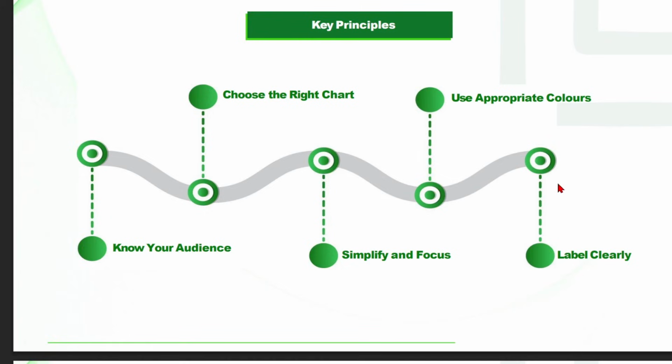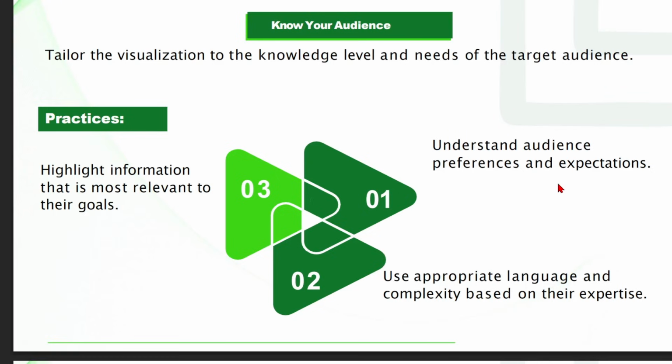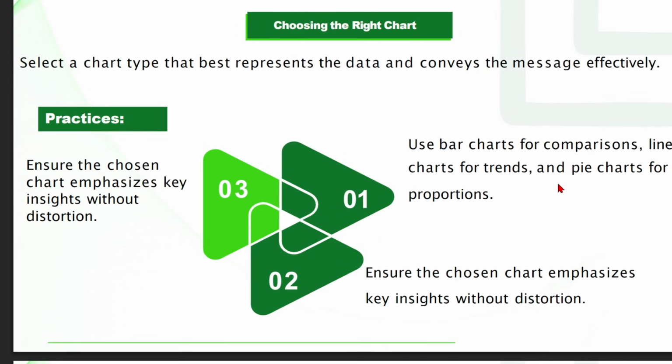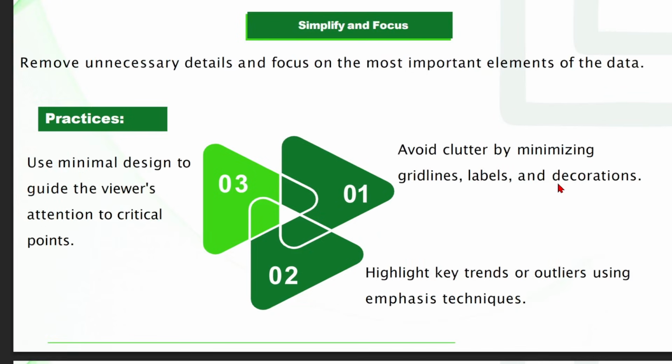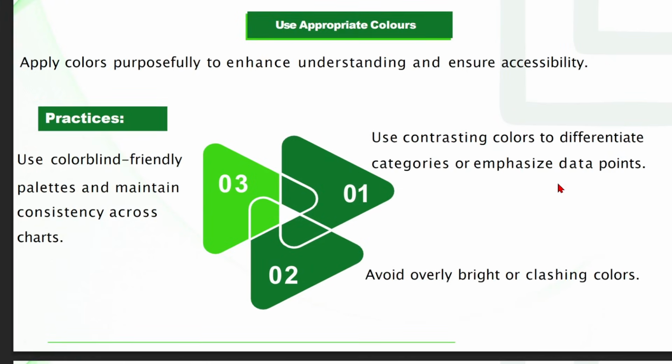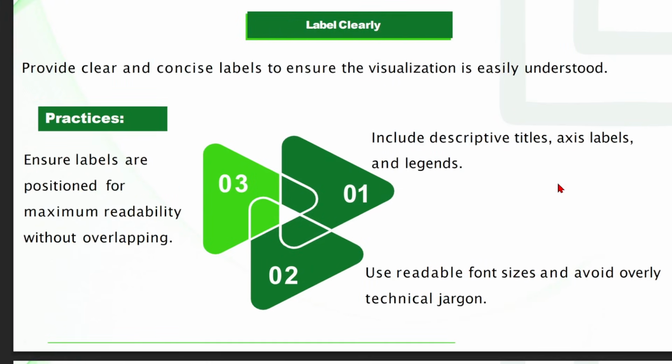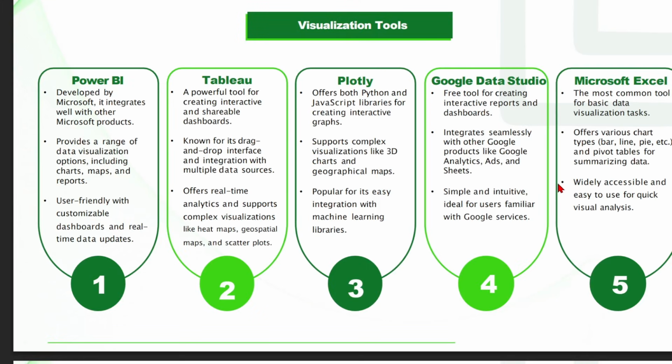Put every detail that will enable people to understand what you are trying to show them. So, know your audience, choose the right visualization, make it simple, use appropriate colors, and finally label clearly.